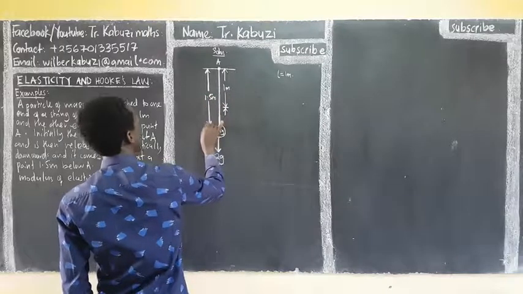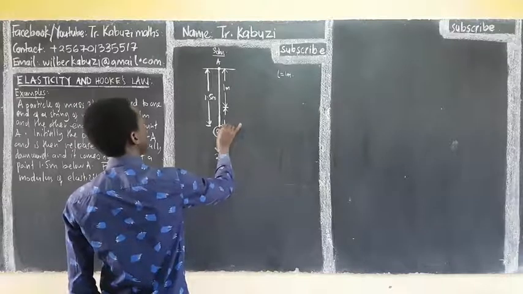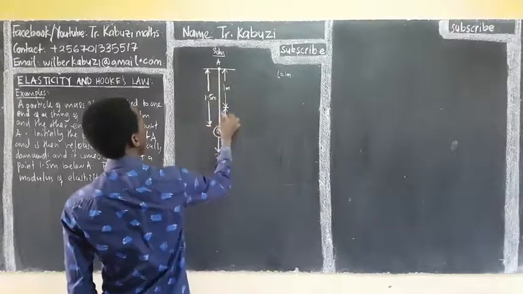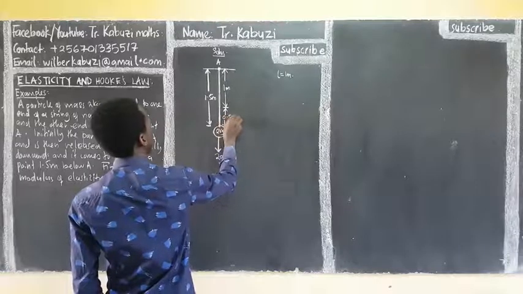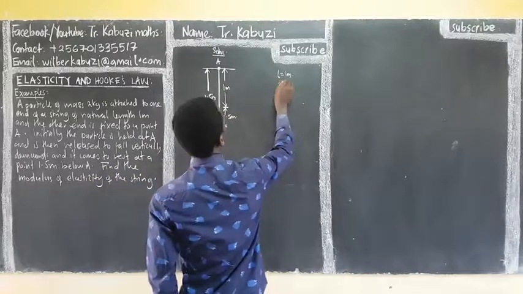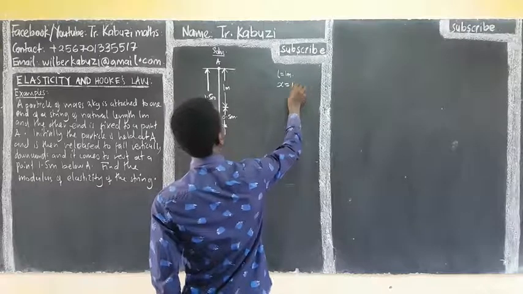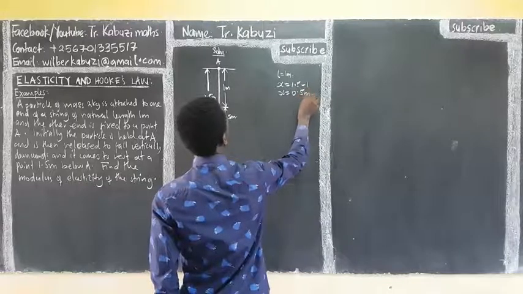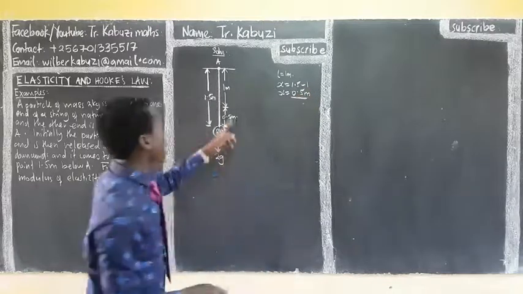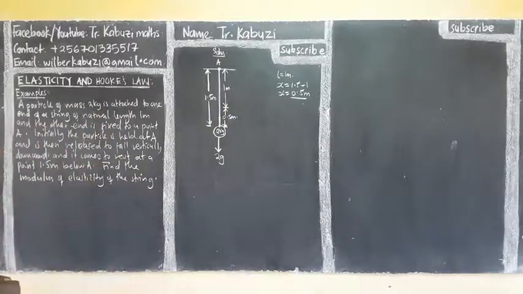They are not telling us the extension, but it's easy for us to know. Because if from A to here is 1.5 and from A to here is 1, then this is going to be 0.5 meters. So our x is 1.5 minus 1, so our x is going to be 0.5 meters. This is the point where most of the things happen.